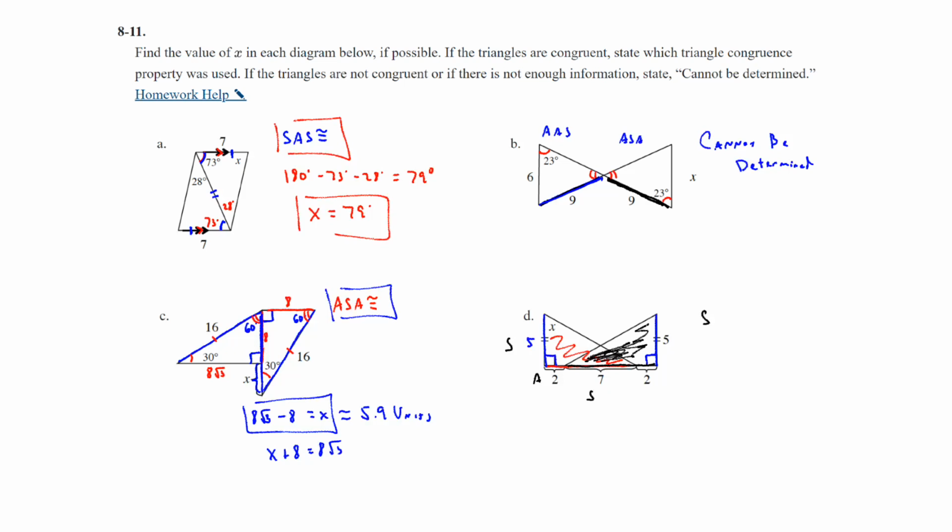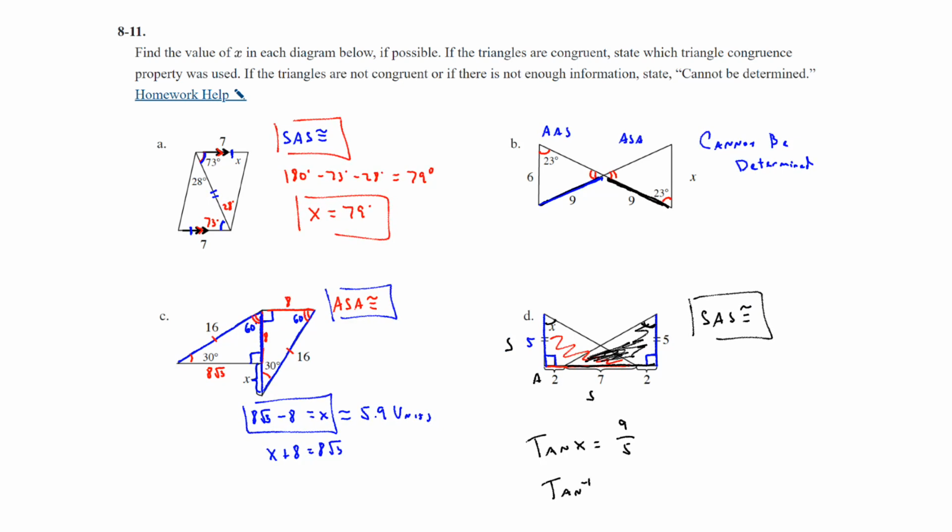So by side, angle, side, we know that they are congruent, which means that this value of x here and this value of x here should be the same. And we can use our trig ratios to do that. Let's see, we have the opposite and adjacent. We don't have the hypotenuse. So with opposite and adjacent, we can use tangent. So we'll say tangent of x is equal to the opposite side, which would be a length of 9, over the adjacent side, which is 5.